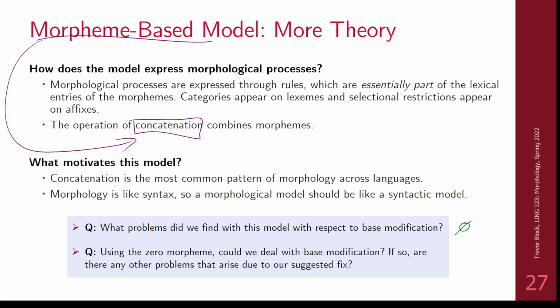With other problems that come with it, the question is, well, how many different zero morphemes do we have? Because we have exceptional nouns for plurals, so we need a zero morpheme for plural. We have exceptional past tense forms, so we need a zero morpheme for the past tense. If we have base modification, we have a bunch of other zero morphemes for those different types of base modification. And we don't want to posit hundreds of different zero morphemes for a language.